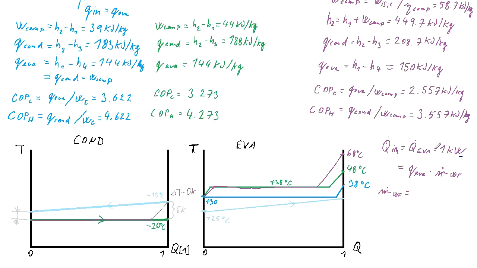So 1 divided by 150, which is 0.00666 kilograms per second, or also 24 kilograms per hour.